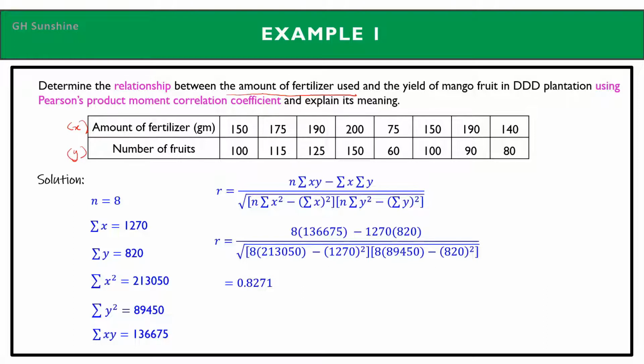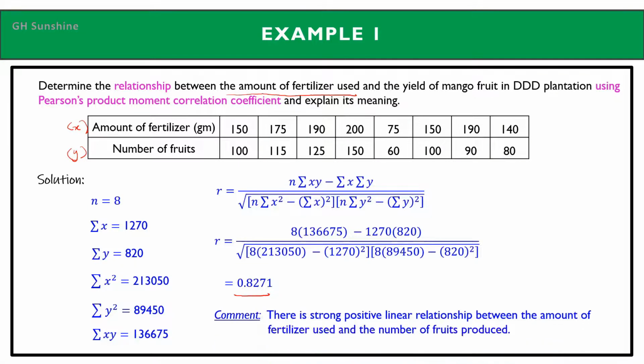The correlation coefficient is equal to 0.8271. What does it mean? There is a strong positive linear relationship between the amount of fertilizer used and the number of fruit produced.